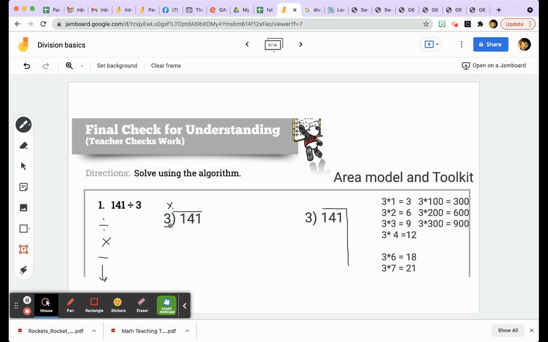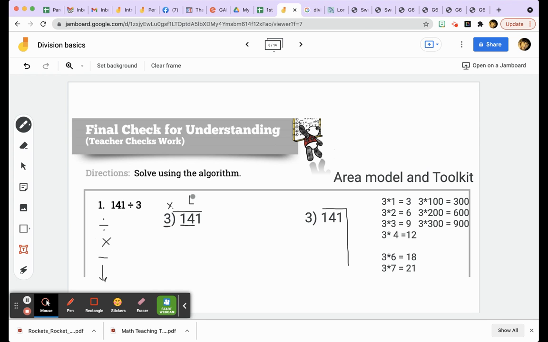I have one number in my divisor, but I notice the first number in my dividend is 1. 3 will not go into 1, but 3 will go into 14. So I underline the 3 and I underline the 14. And I'm going to think 3 times what number is close to 14? Well, that would be 3 times 4.